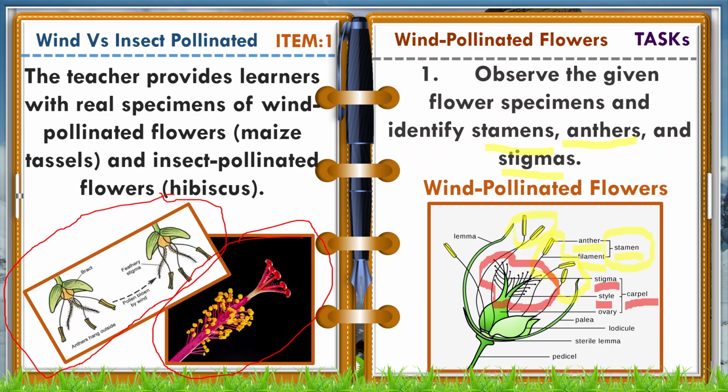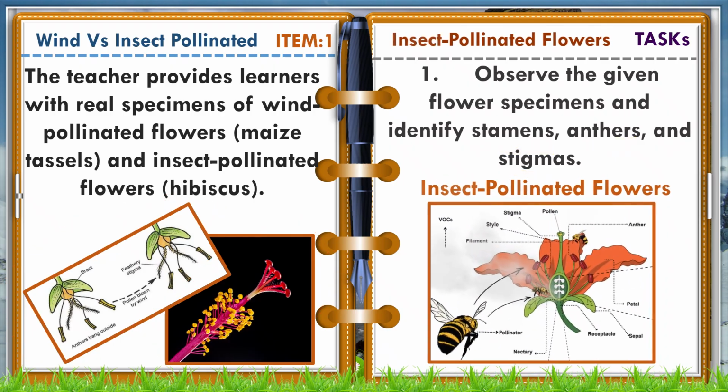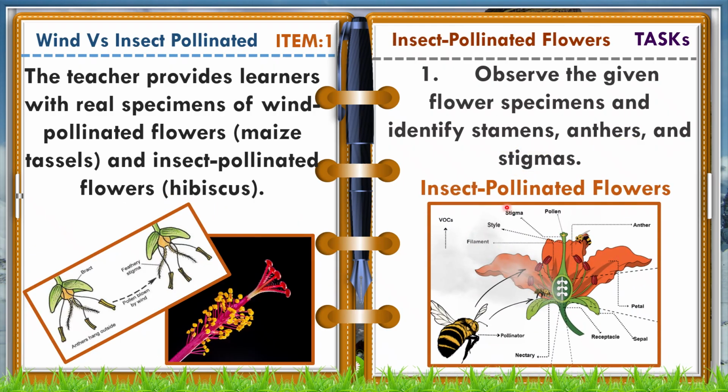Now let us look at insect-pollinated flowers. Remember, we want to look at the stamens, anthers, and the stigma. If we start with the stamen, it is made up of the male parts.